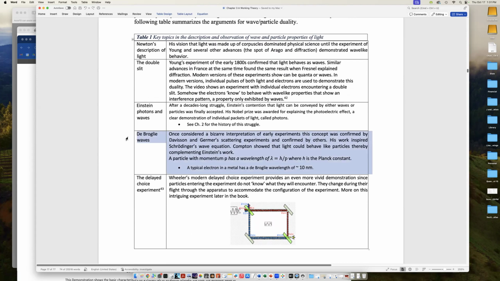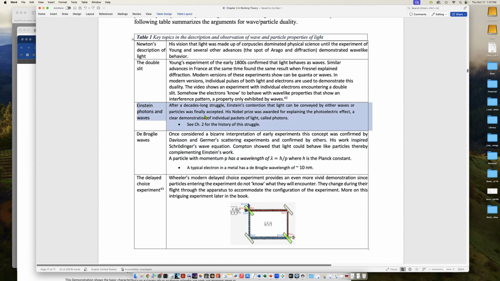Louis de Broglie, working on his PhD thesis between 1920 and 1922, was following the developments related to characterizing the properties of light, particularly this issue here, where Einstein struggled alone for a number of years, close to 20 years, to convince the community that light could be described as particles or waves.